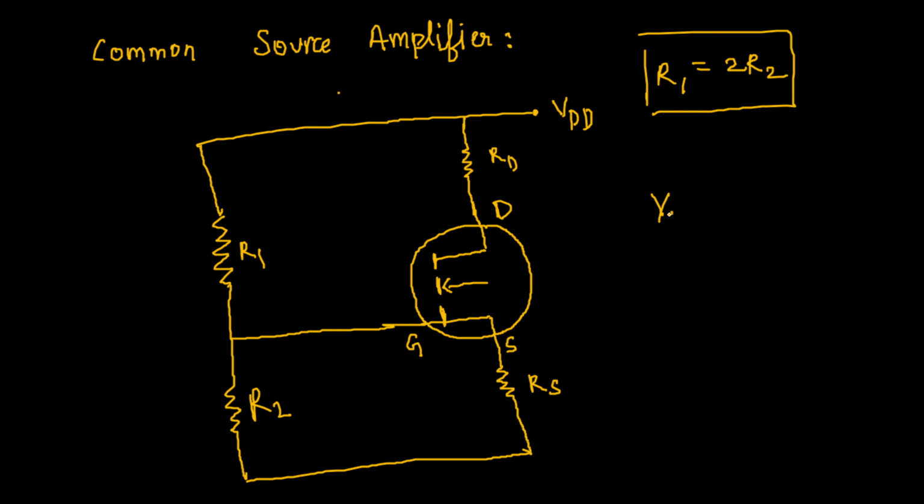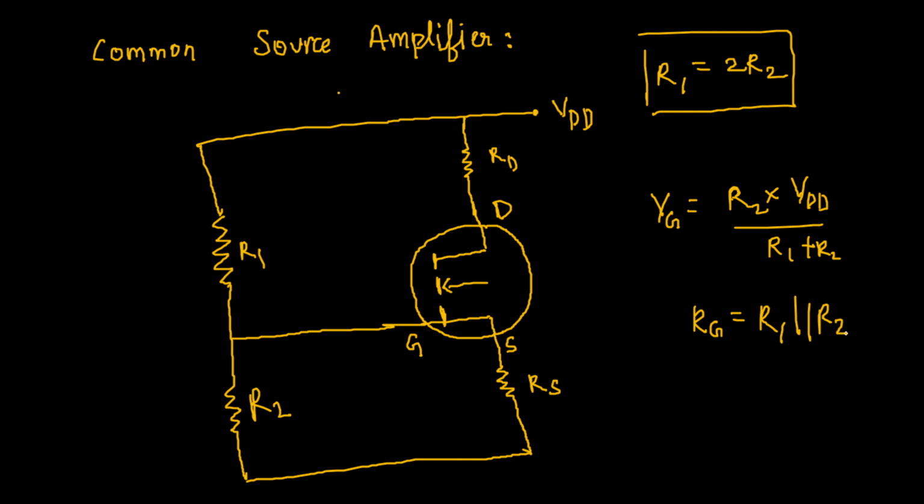That will give me VG is equal to R2 into VDD divided by R1 plus R2, and Rg is given by R1 parallel to R2, right? Here R1 and R2 are usually pretty large, they're always in kilo ohms or mega ohm units.